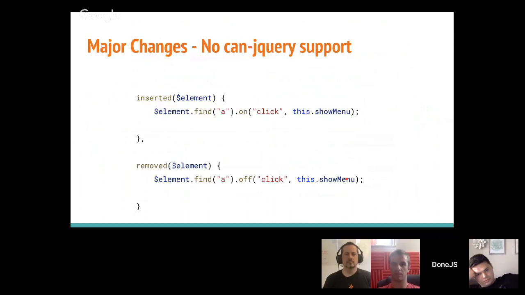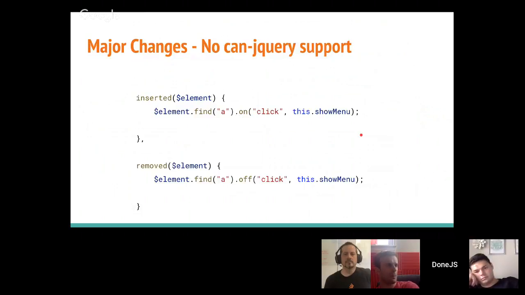Okay, the next thing is that there's no support for can-jquery in CanJS 4.0. There are a few places where this might affect your code. The first one is shown right here. The element on your component is no longer jQuery wrapped. So if you're using inserted and removed events, or accessing the element for your component in another way, it used to be that you could just use the element and call a jQuery function on it.